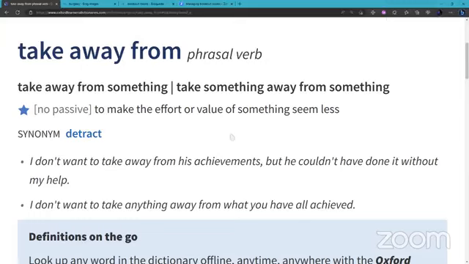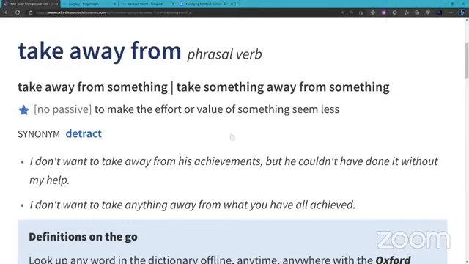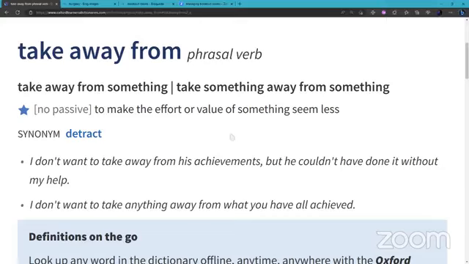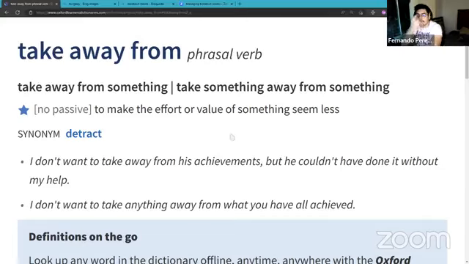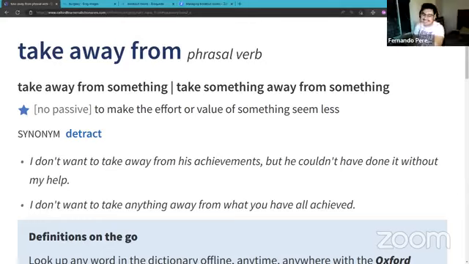Okay. Replacing the necessary things. I don't want to take away his achievements seem less. Nice. Now listen to yourself because you repeated the phrasal verb. I don't want to make his achievements seem less.